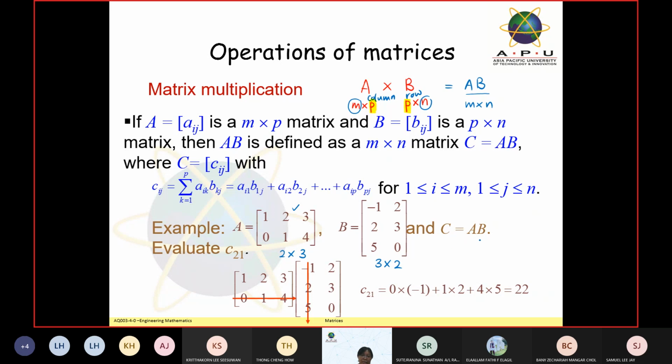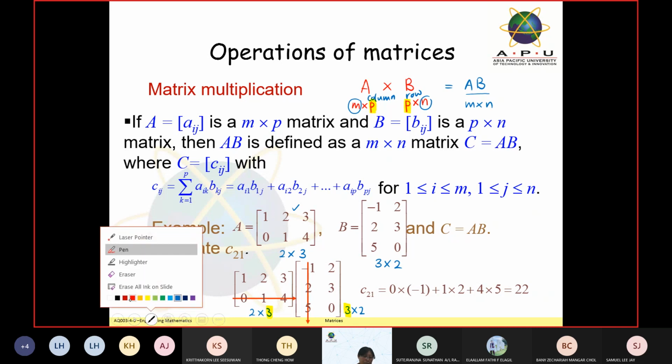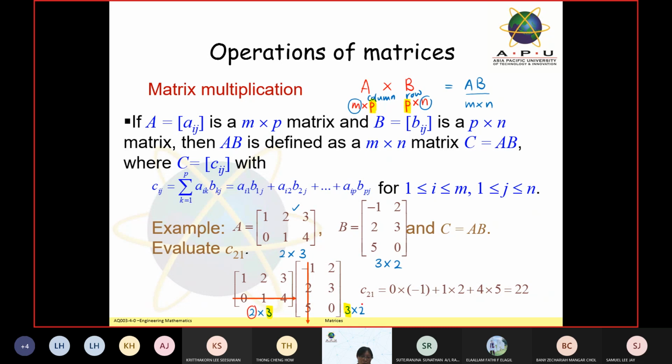So this is matrix A times matrix B. Can you see the number of columns for the first matrix and the number of rows for the second matrix must be the same? Then the answer of the matrix should have the order of 2 by 2. So when A is 2 by 3 and B is 3 by 2, these two must be the same. Then the answer that you get will be a 2 by 2 matrix.